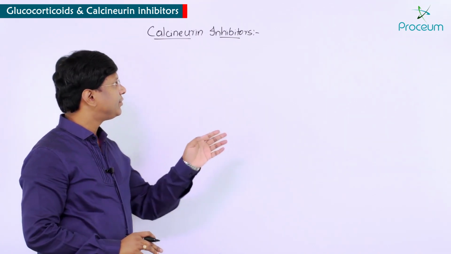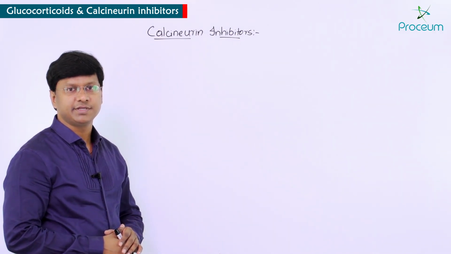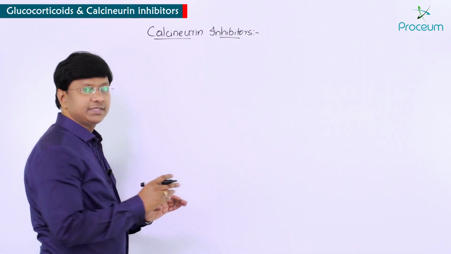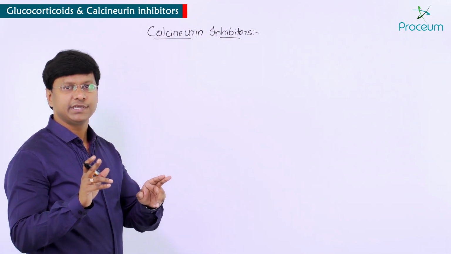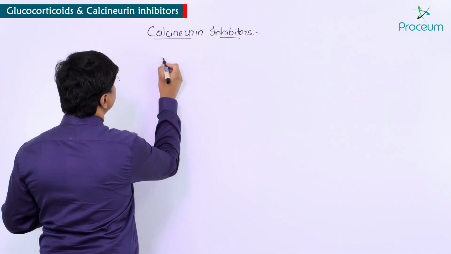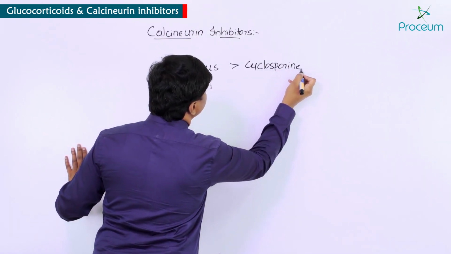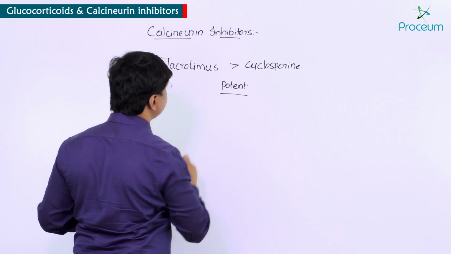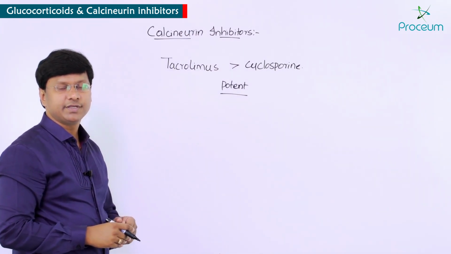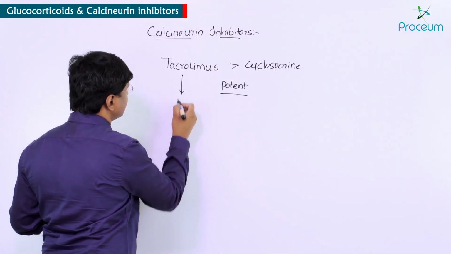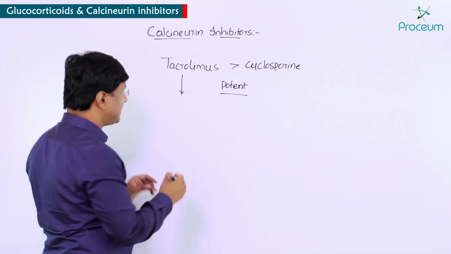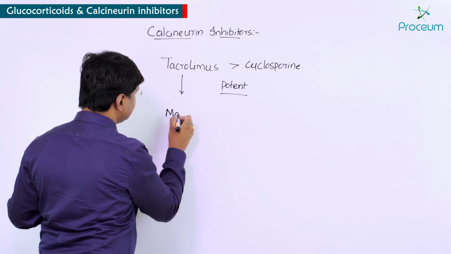Now, some important points about the calcineurin inhibitors. In comparing cyclosporin and tacrolimus, tacrolimus is more potent than cyclosporin. Tacrolimus is a macrolide antibiotic.